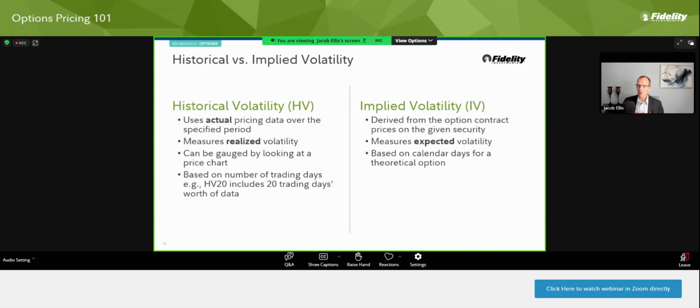I don't know what Apple or SPY or anything else out there in the market is going to be worth a month from now. But if I look at the options market, I can at least understand what other traders are willing to put their money towards.